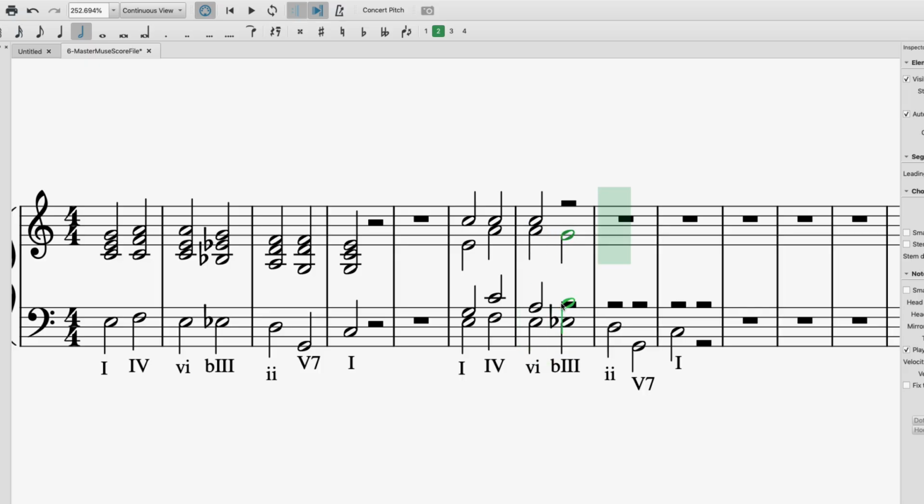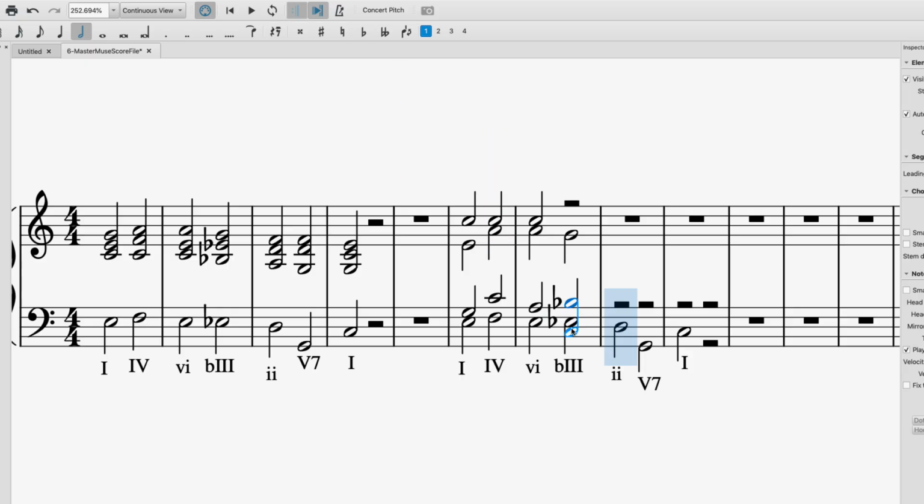I really want to get some contrary motion here. This A could go up to a B flat. And this C go down to the B flat, E, G, B, then we're doubling the 5th. We don't really like that. Could jump up to an E flat.